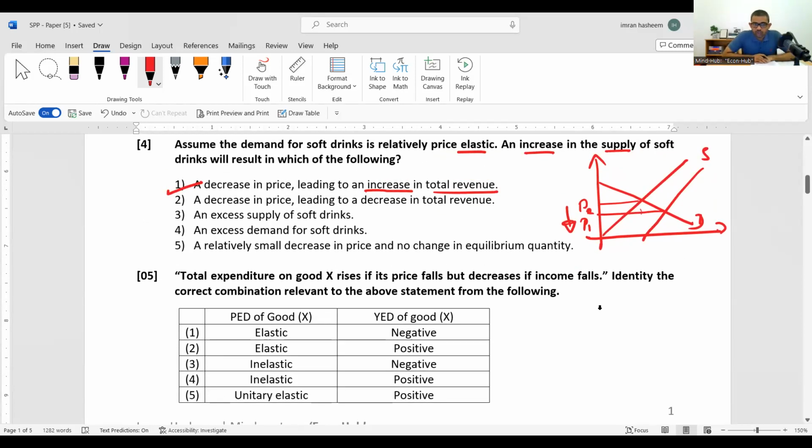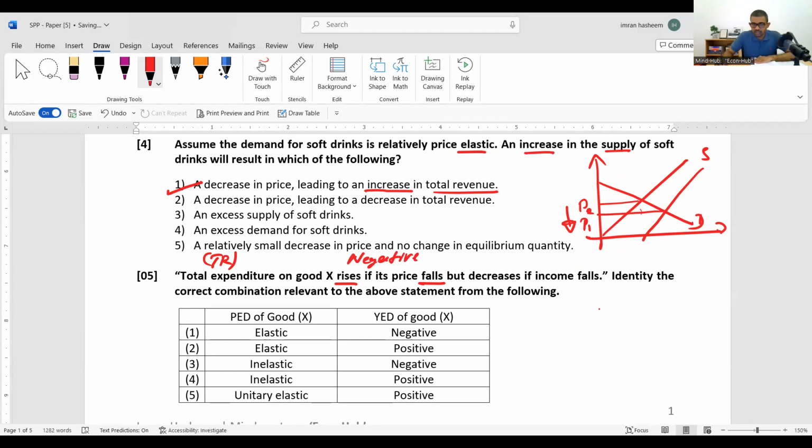Question 5, total expenditure on good X rises if its price falls. Total expenditure, in other words, total revenue as well. So total expenditure on good X rises when the price falls. Again, we see a negative relationship.